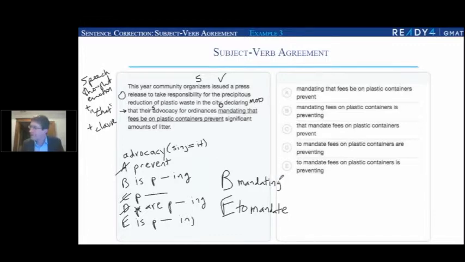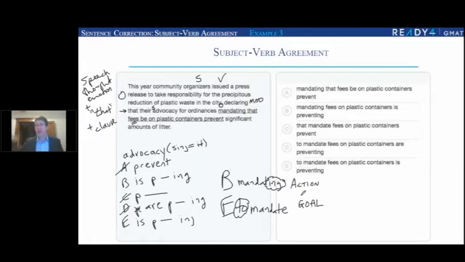So here's the way I think about the difference between mandating and mandate. Normally when you have an ing, you're talking more about an action, right? When you have to, that means you're talking about a goal. So what about these fees? Are the fees an action that we're taking to try to solve a problem?